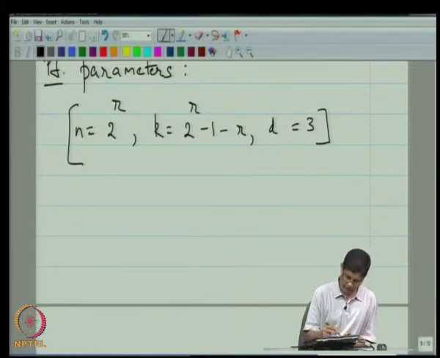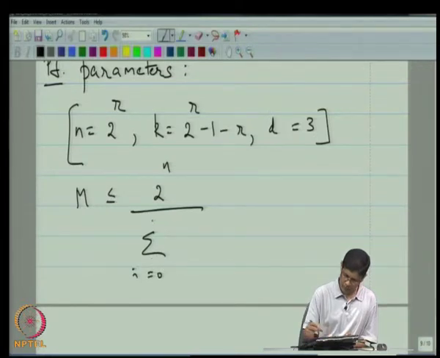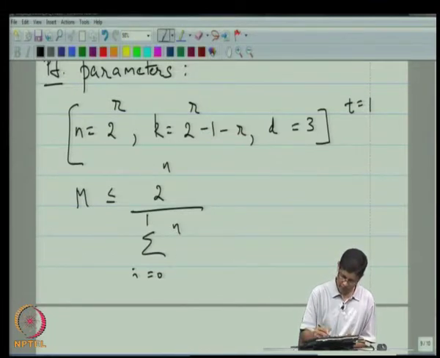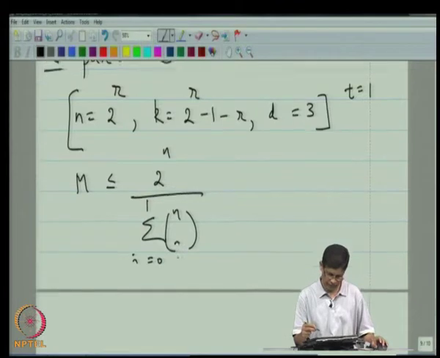Now if you check the Hamming bound, M is less than or equal to 2 to the n divided by the sum i is equal to 0 to 1, n choose i. So here t is equal to 1.